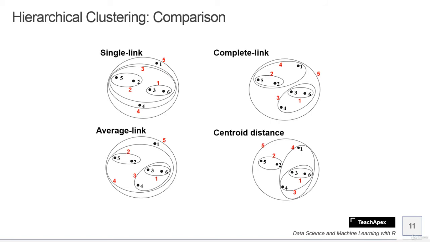In the average link, we get a cluster within a cluster, which is separate here. In the centroid, we have many clusters within a cluster, defined as a single one. So this is the comparison for single link, complete link, average link, and centroid distance.